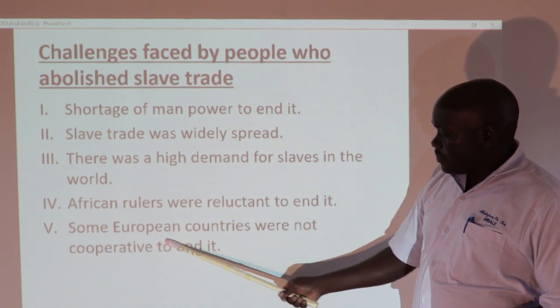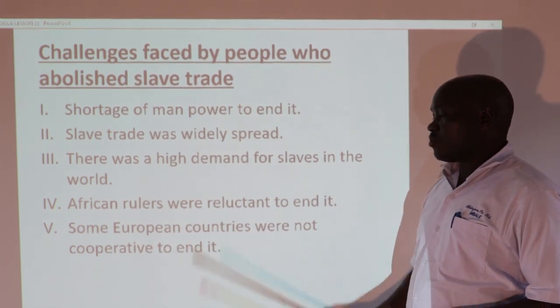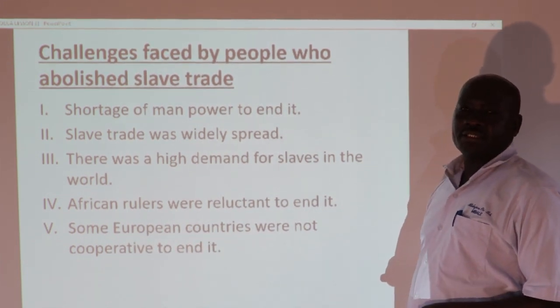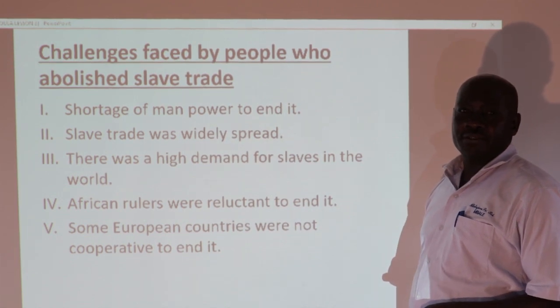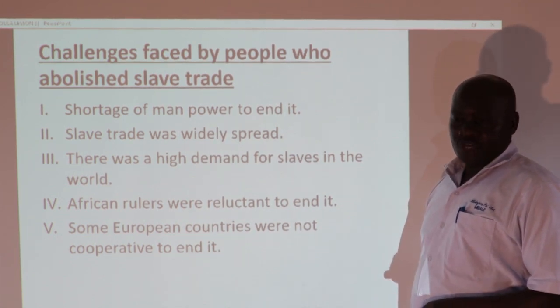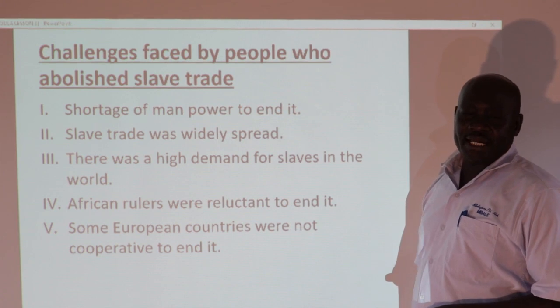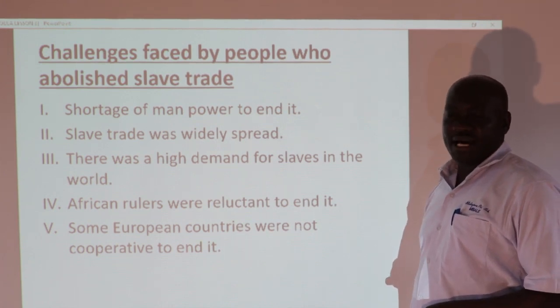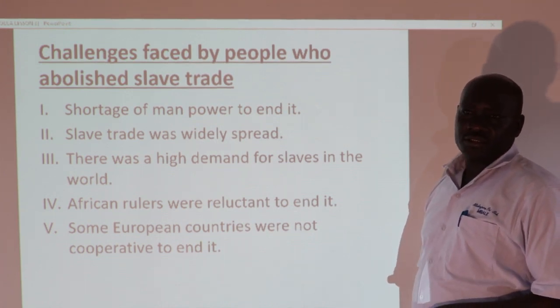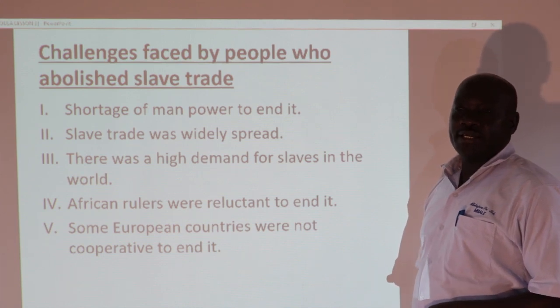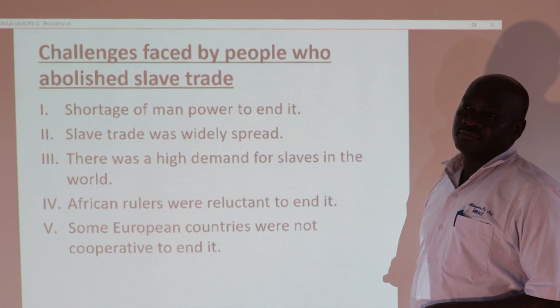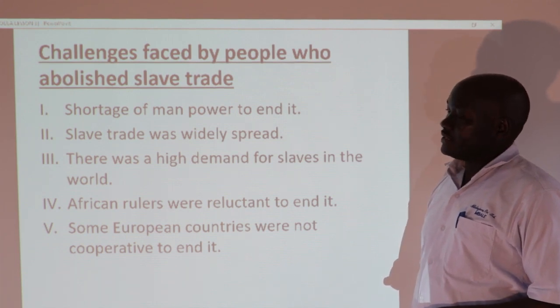Then some European countries were not cooperative to end it. That's why it was very hard. However much Britain tried its best to convince other countries to stop slave trade, others were not willing to stop the use of slaves in their world.